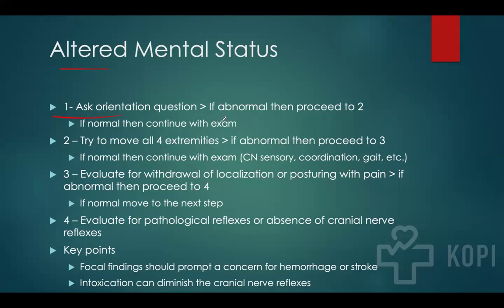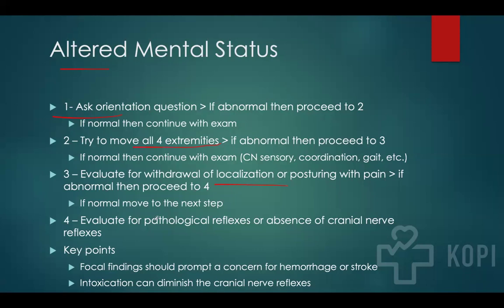If they can't answer orientation questions, then I ask them to try to move all four extremities. And if they can't do that, then I'll evaluate for what they're doing in terms of localization, if they're posturing, if they have any reflexes in a specific area that are of concern.